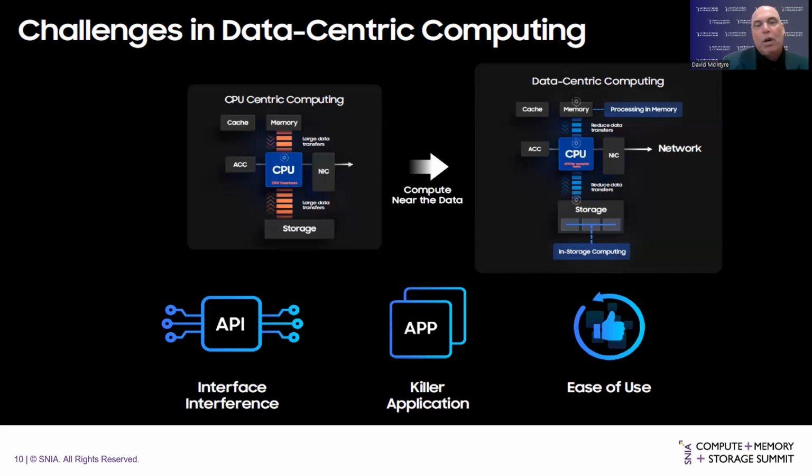So one call to action is to work with our open source communities and standards bodies to develop an API framework that does enable and support heterogeneous compute and also distributed compute.